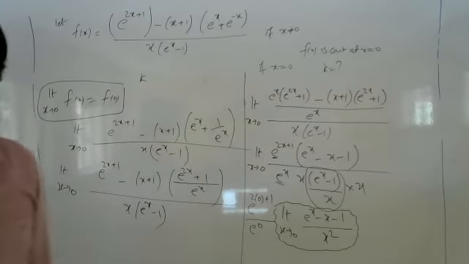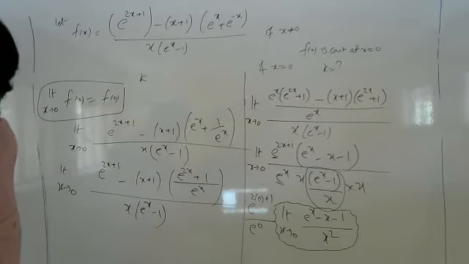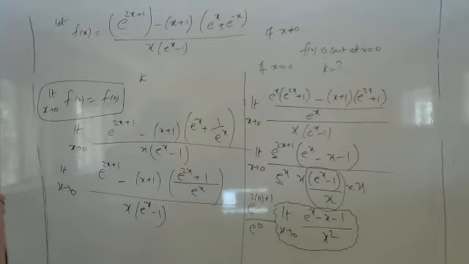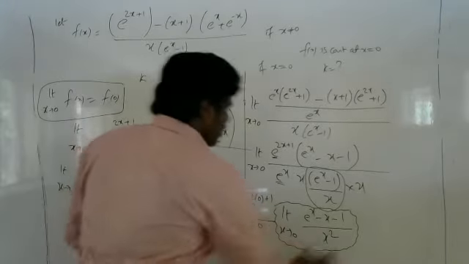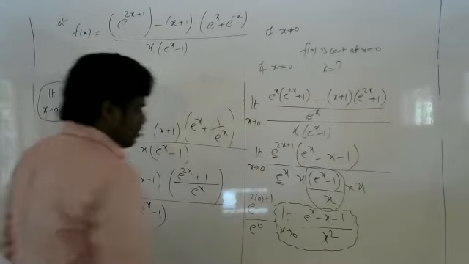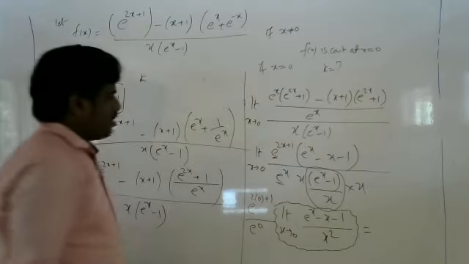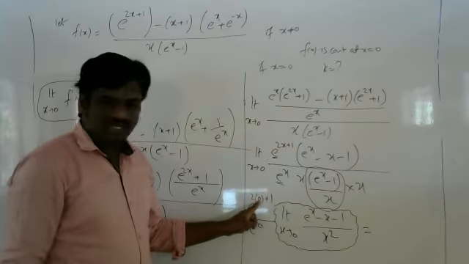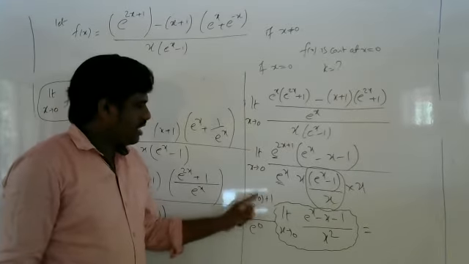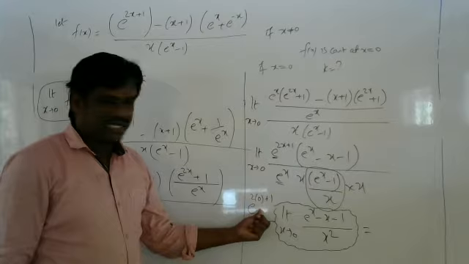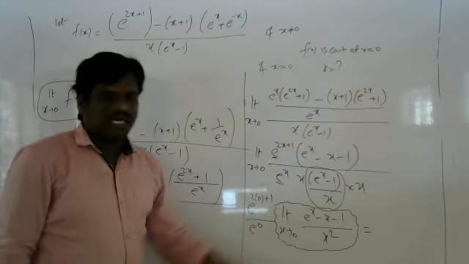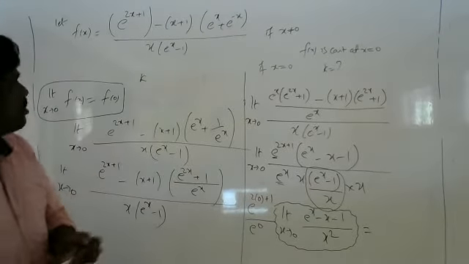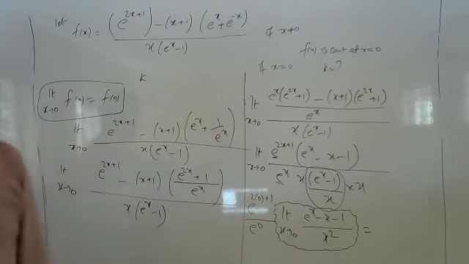How much is the answer? Half. So here I am going to get e power 2 into 0 plus 1, upon e power 0, which is e power 1, so e by 2 completely. So k value will be e by 2.